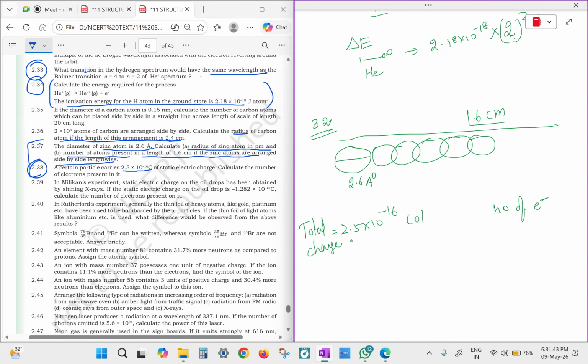Total charge divided by the charge on one electron, 1.6 into 10 to the power minus 19 coulomb, will give you the number of electrons. Is it okay?